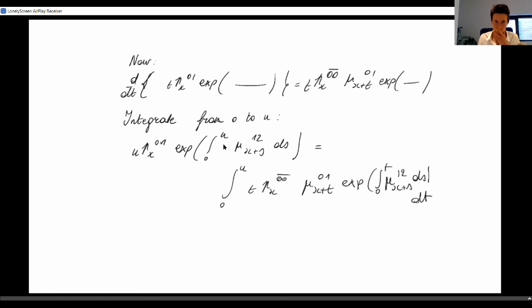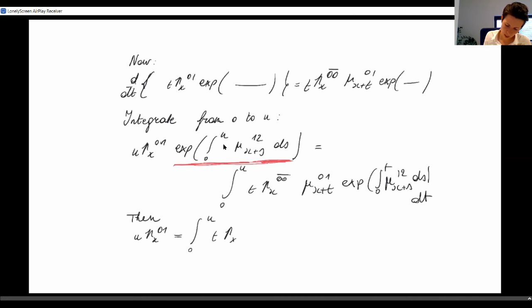So here I am, almost there, because now we're going to divide both sides by this expression. So we're going to make sure that we get rid of what is here underlined in red. So we're going to divide by that and conclude that I then have the u px01, which is equal to the integral from 0 to u of tpx00 bar mu x plus t01.